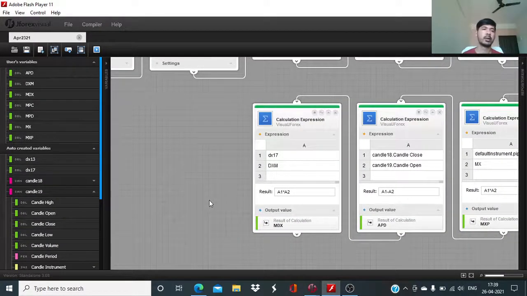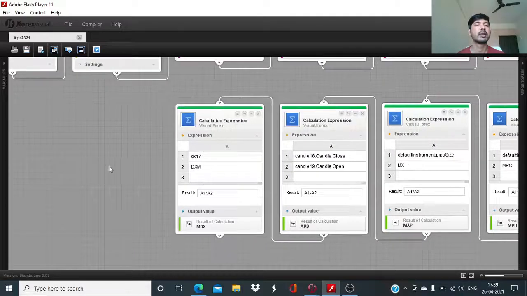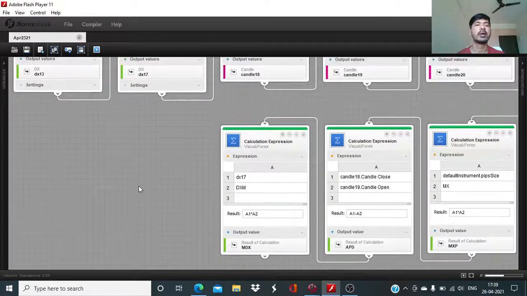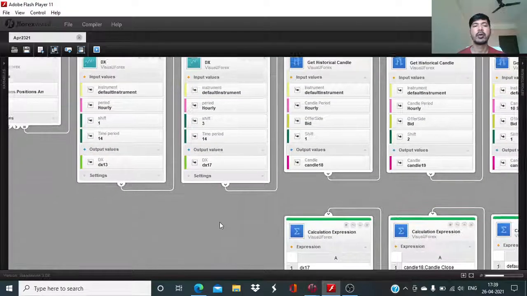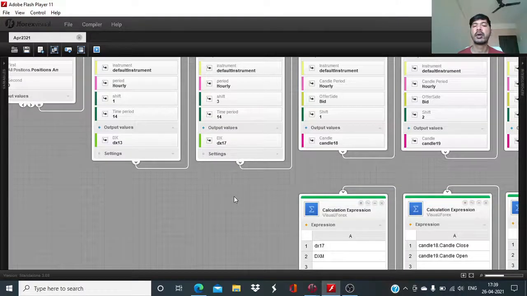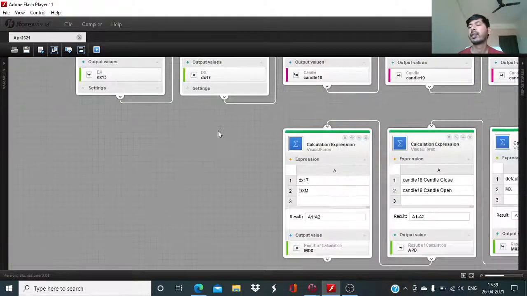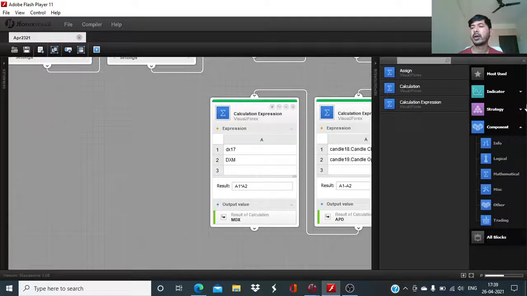Okay, so we have carried out these calculations which are going to help us in determining whether there is enough strength in the trend, and only if that is the case will we go for the execution of the order. So now I will have to take logical blocks, trading component.